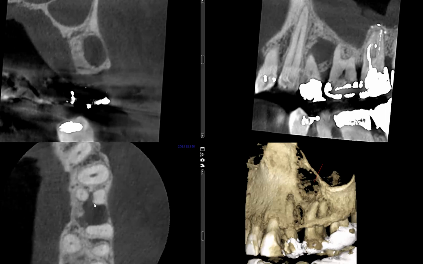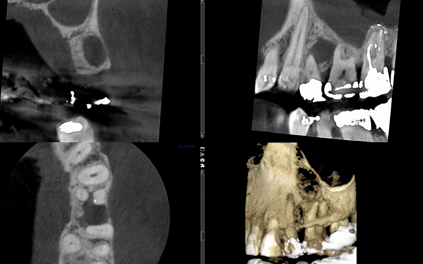Based on the way this is positioned, I would say it has a better chance of coming from tooth number 12 rather than 14. If it really came from number 14, maybe it would involve the apices of one of these roots, but that's not the case. But it doesn't necessarily involve the apices of number 12 either, right?